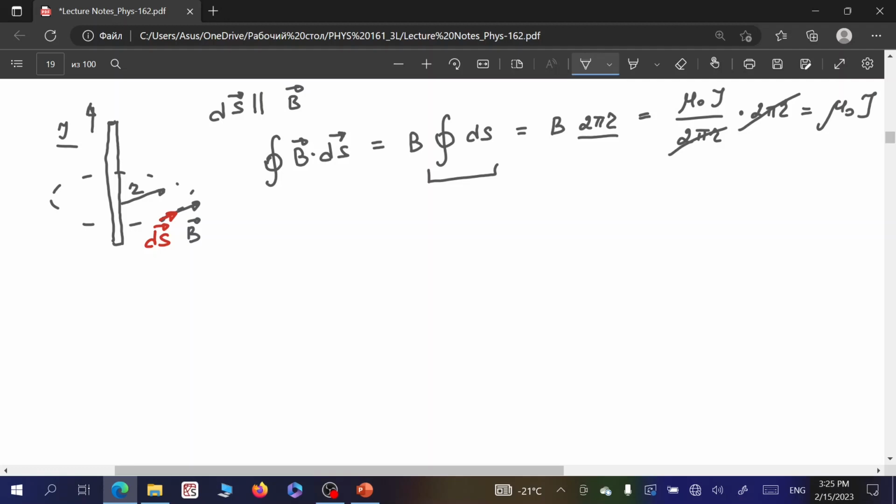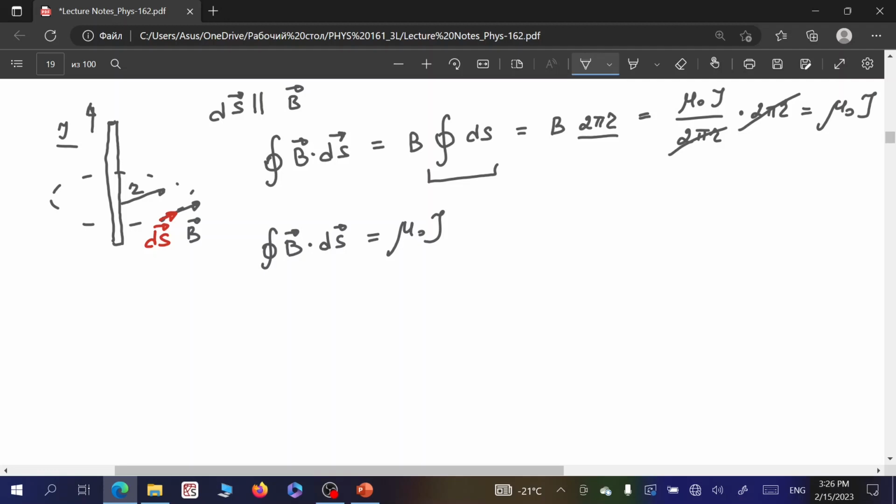However, this conclusion can actually be generalized for all cases. So we can write in general that the integral over a closed loop, any closed loop, of the dot product of B vector and ds vector will always be equal to mu naught times I, and this I is the electric current which flows through the area defined by the closed loop.